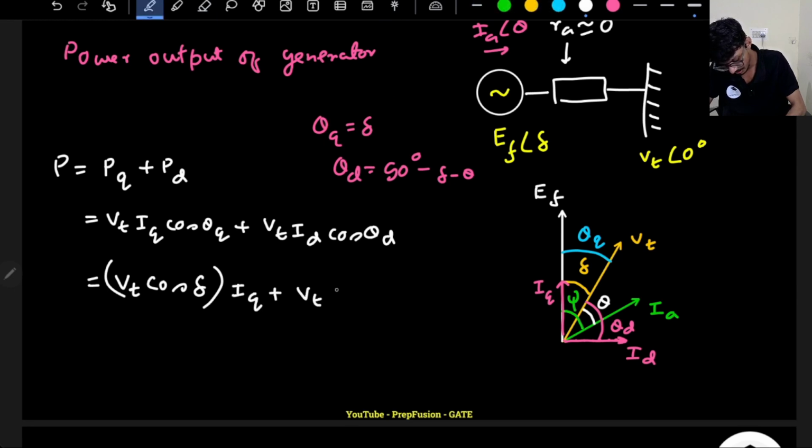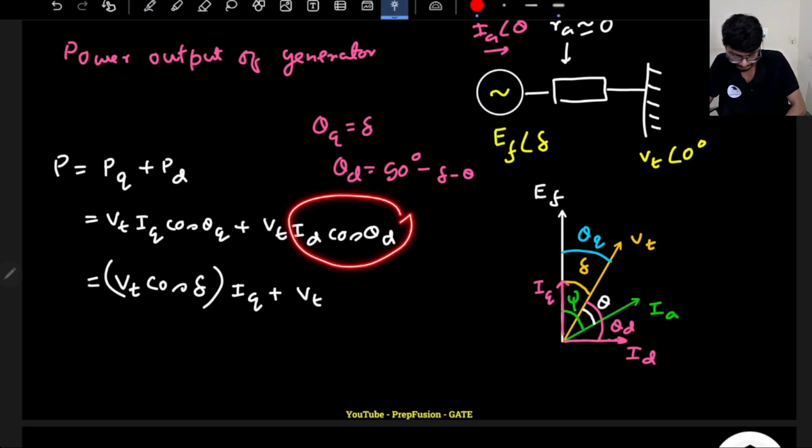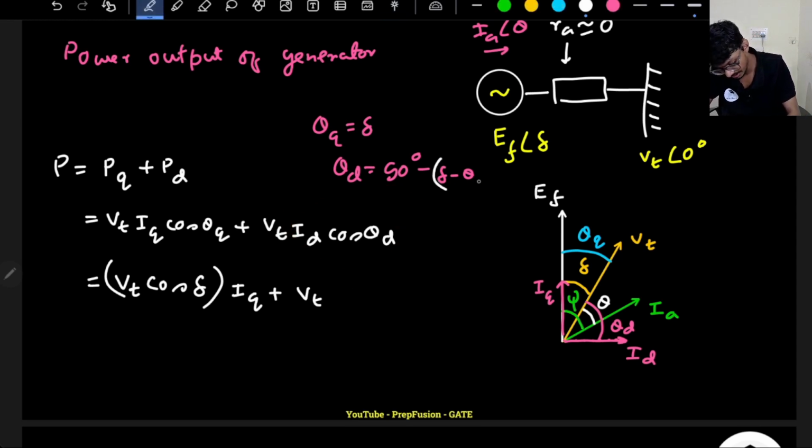Plus this is VT ID. So let me keep the ID. This is cos theta D, which is 90 minus theta minus delta.